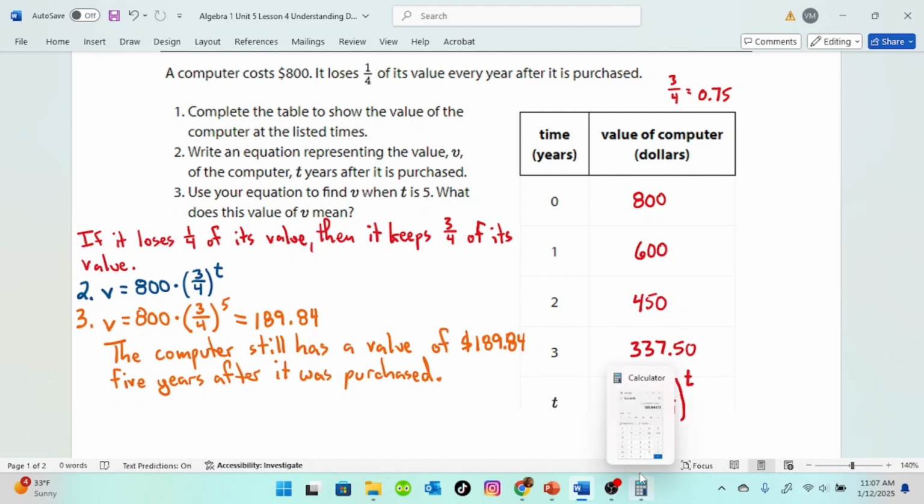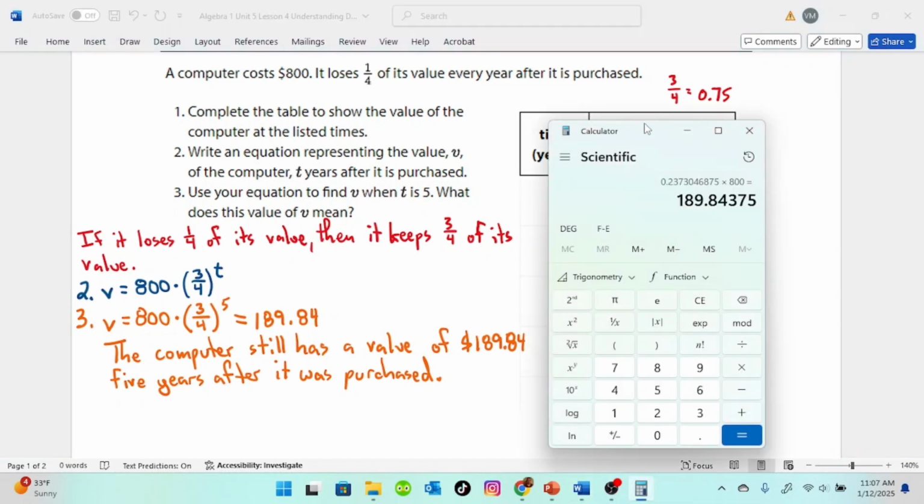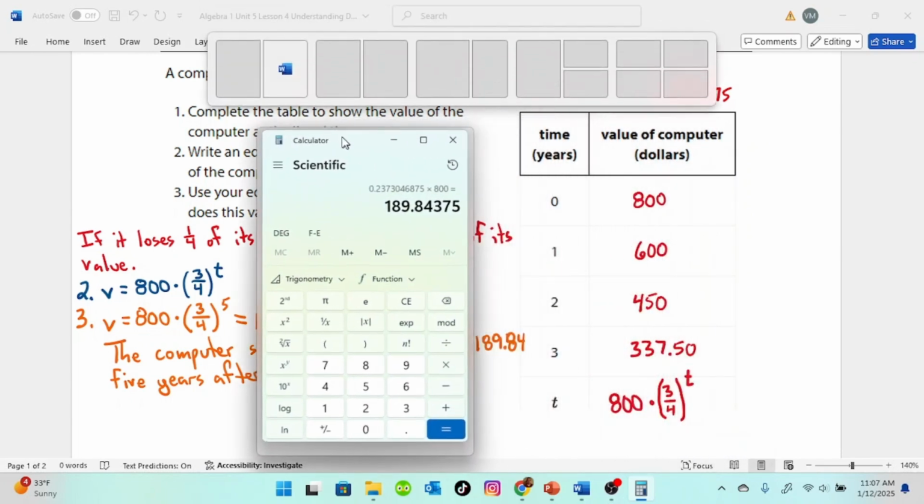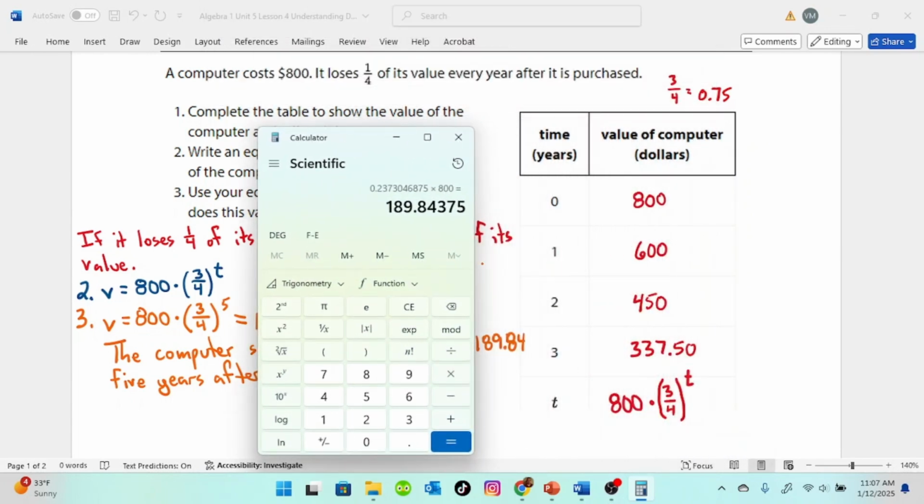And if you want to see whether or not this is true, remember we said after 3 years it had $337.50. So if I multiply this by the 0.75 to get to the 4th year, I'm down to $253.13 if I rounded it.